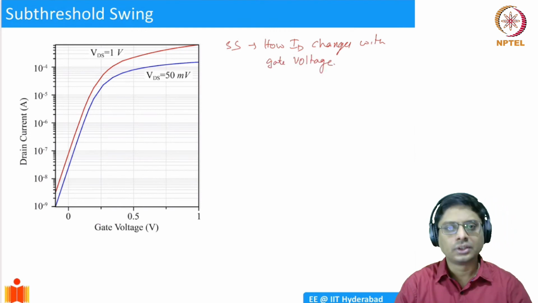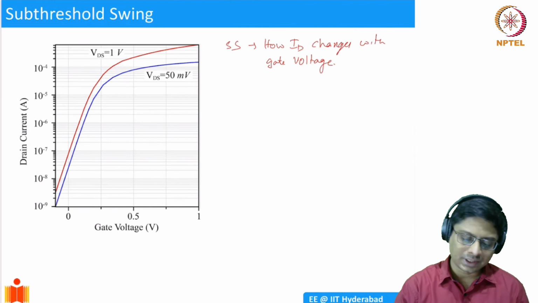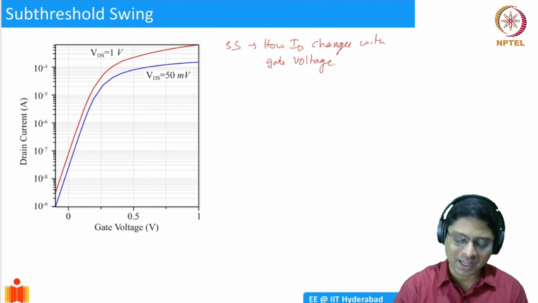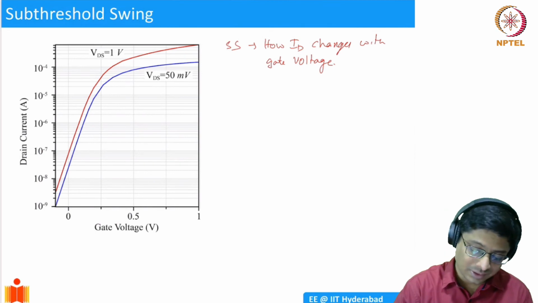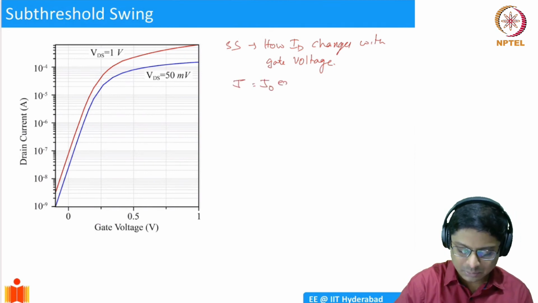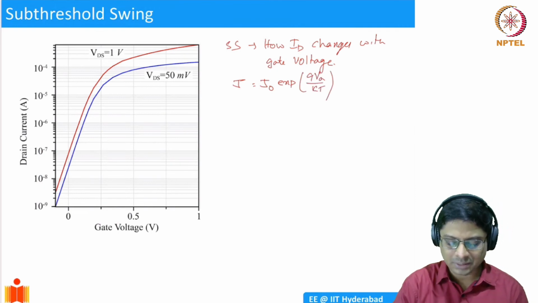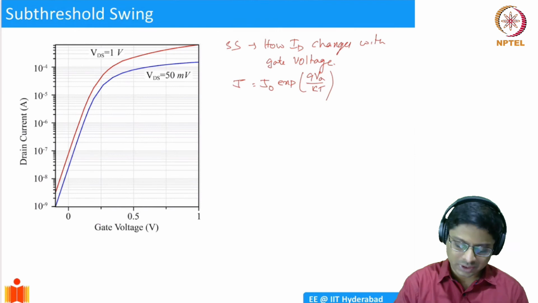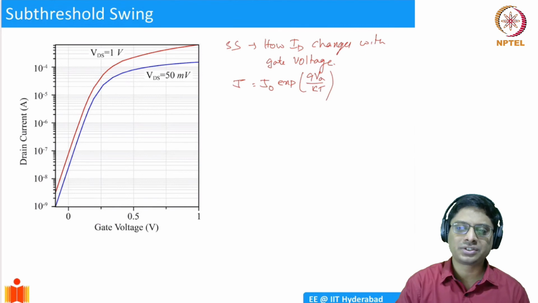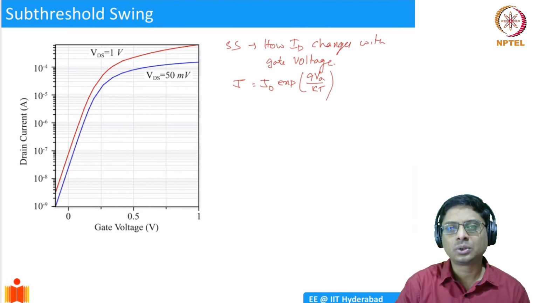Okay. So I already mentioned to you, let's say this is current flow across a barrier, like a thermionic barrier. So you have J is going to be J naught exponential of qV applied by kT, right? So this is the current, some current is flowing at some applied voltage. Now we want to understand how much gate voltage change we have to make to get 1 decade change in the current.